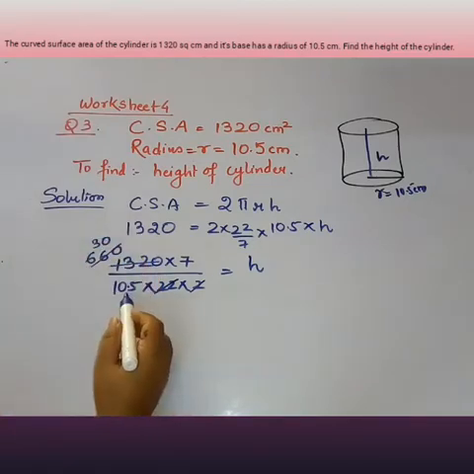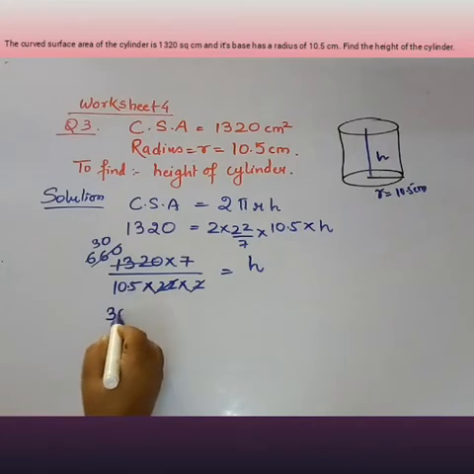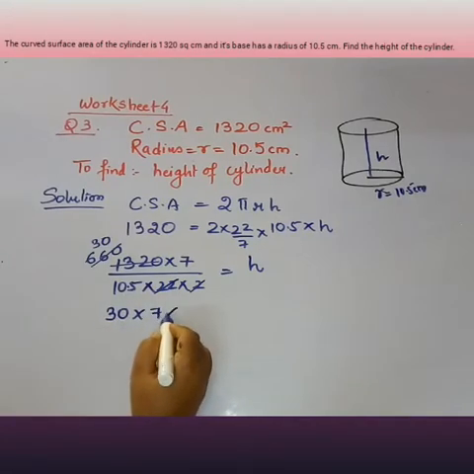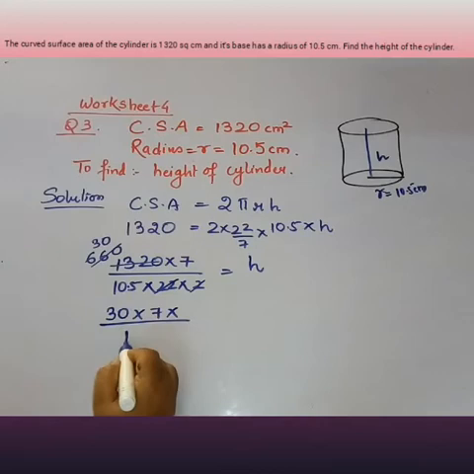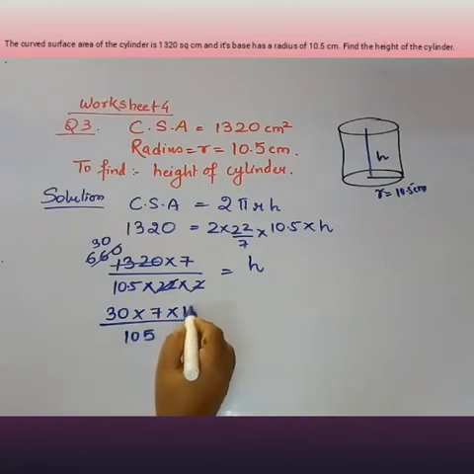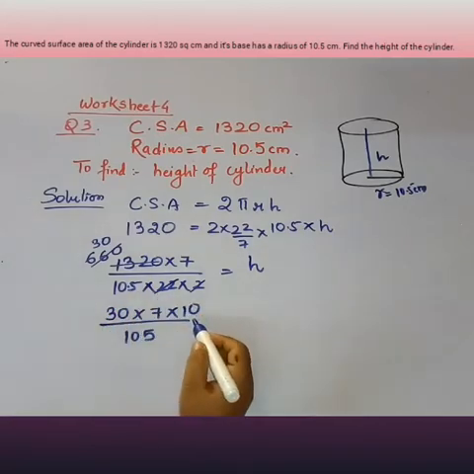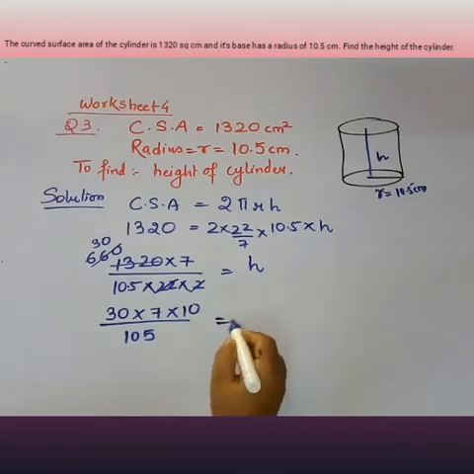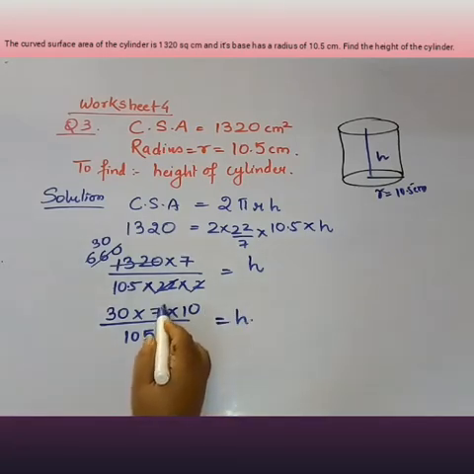Now I'm going to change this decimal place. So this can be written as 330 into, this is 105, and in place of decimal we will write here 10. This is equal to h. Now I'm going to cancel by the table of 7.